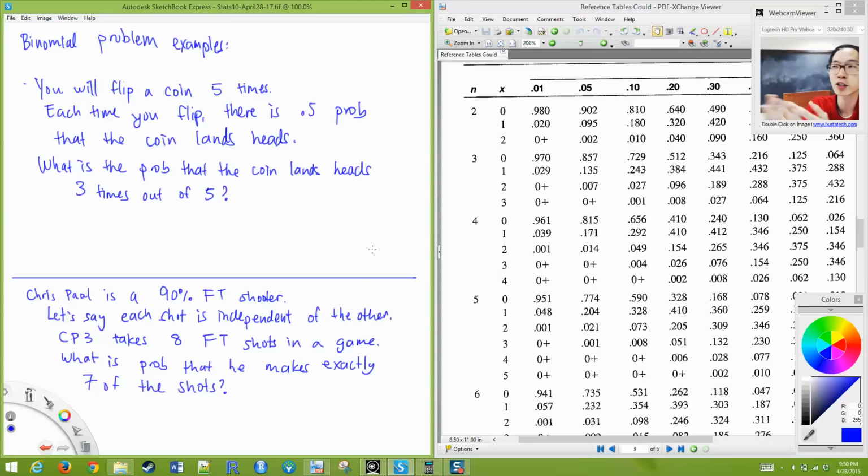So n is number of trials, x is number of successes, not necessarily a good thing or bad thing, it's just a particular outcome, and p is probability of success for one trial.